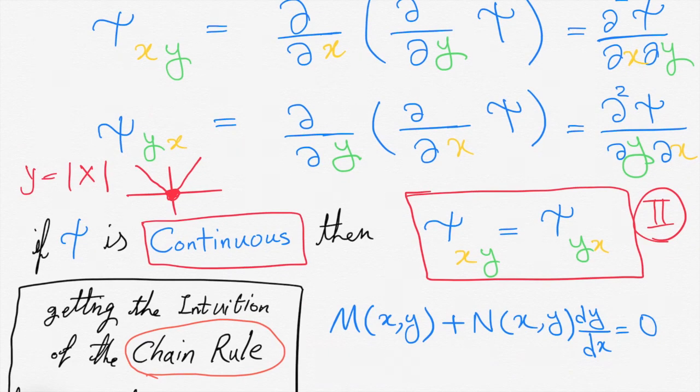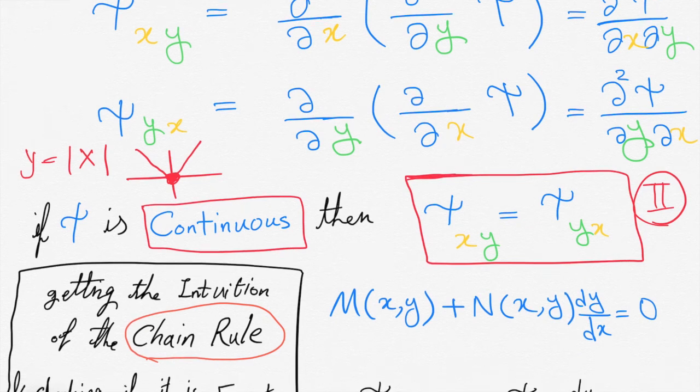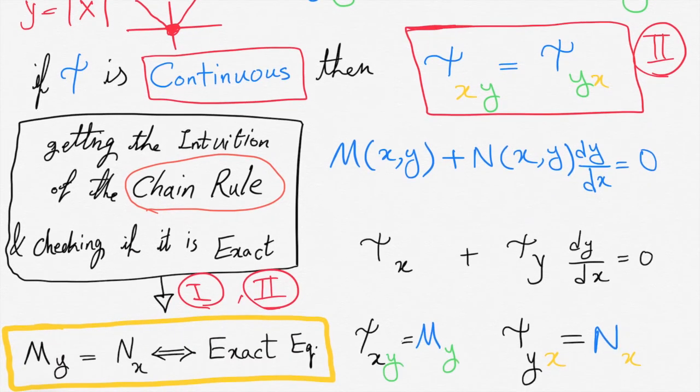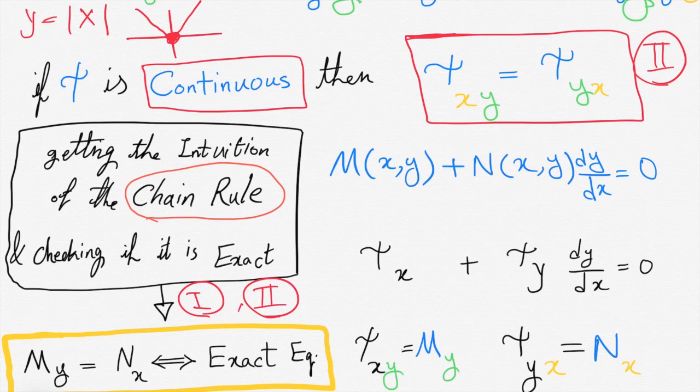Then because of this, we take the intuition from chain rule, and based on this continuity, which we have, xi of x y equal to xi of y x, we can actually talk about some differential equations of this kind of form. The first term is m as a function of x and y, and n as a function of x and y, times dy over dx.